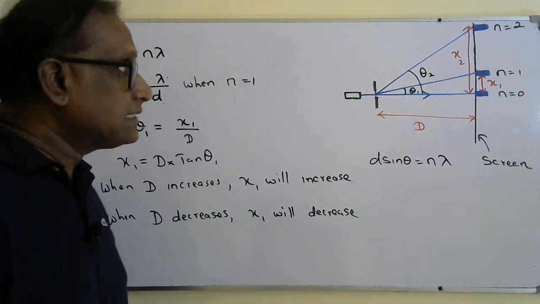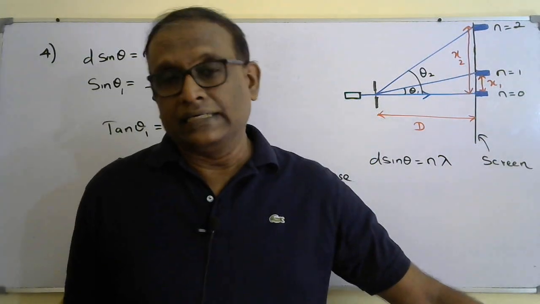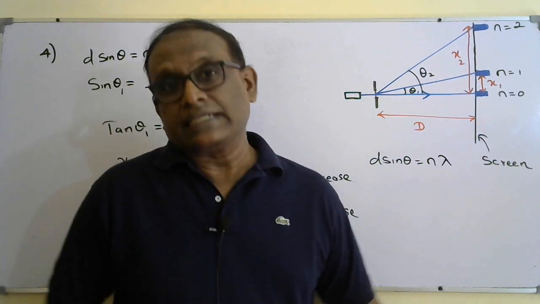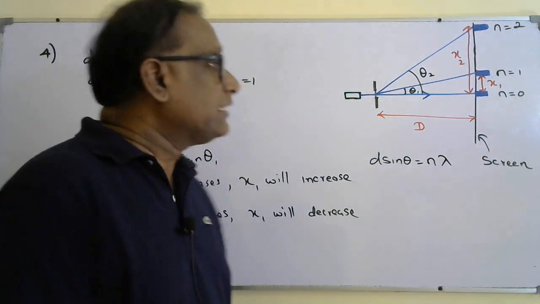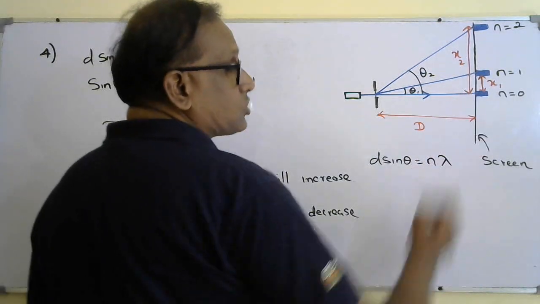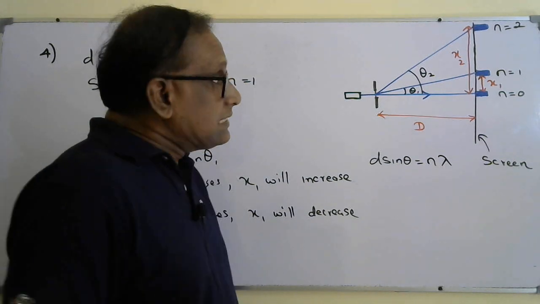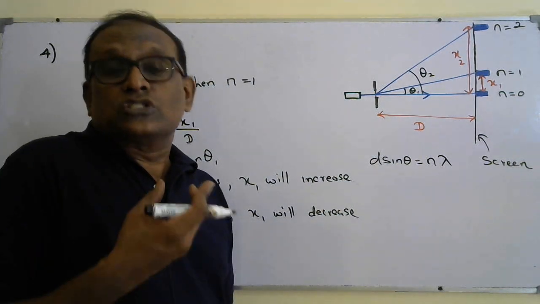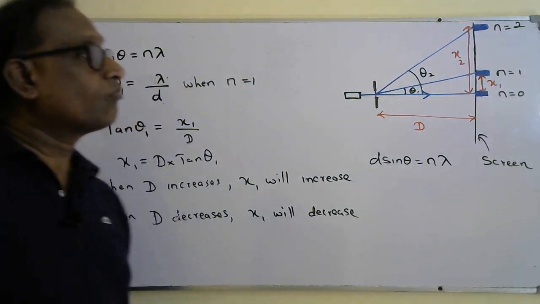That's the advantage of increasing D, but we can't increase D much bigger, depending on the facility or the lab or the distance of the screen. We should try to keep the distance as large as possible, because the distance x1 also will increase. That will also give a smaller percentage uncertainty in the measurement of theta 1.